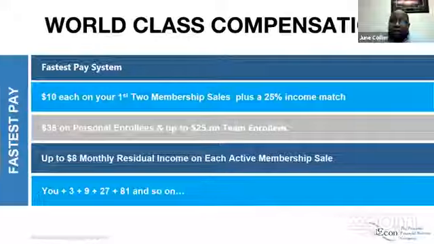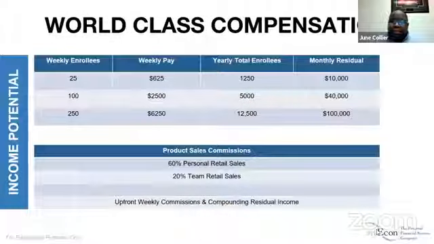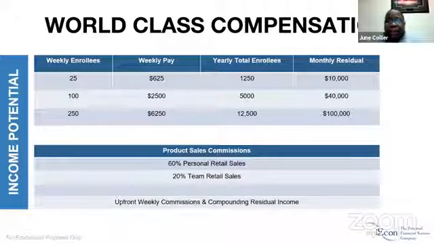Let's take a better look at what that really looks like. Let's just say, for example, you are enrolling 25 people a week on your team. And that's not you by yourself. I know that seems like 25 people a week is a lot, but that's you and your team. If you got 25 people on your team, that's 1 person a week for each person on your team. That would generate you a weekly pay of $625 a week. $625 a week.